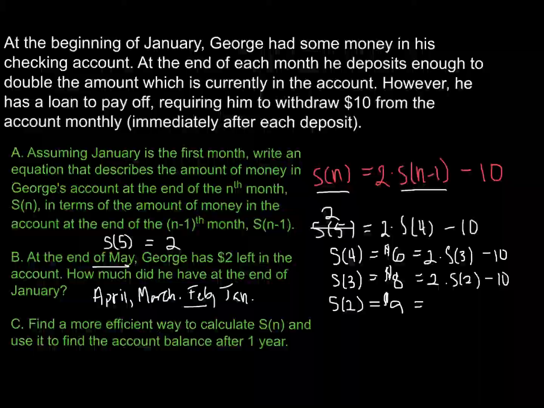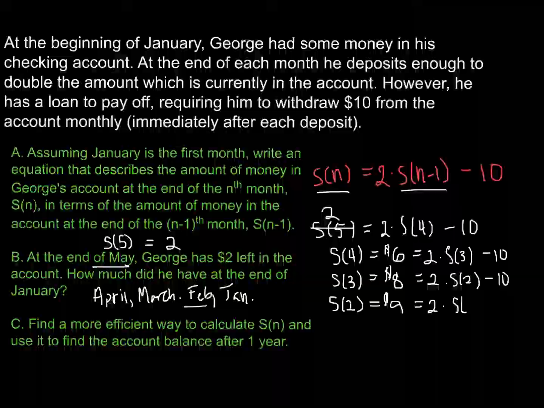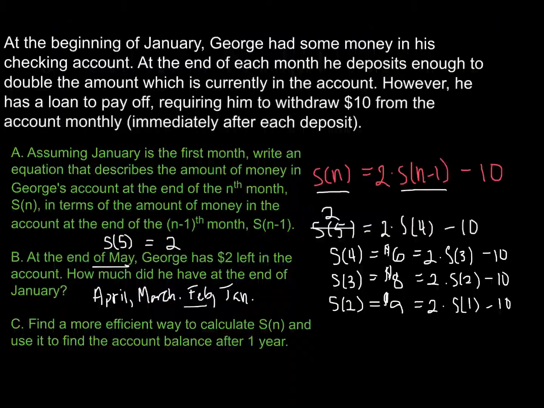And once more, 2 times S of 1 minus 10, so S of 1 is going to be 19 divided by 2, which is $9.50.